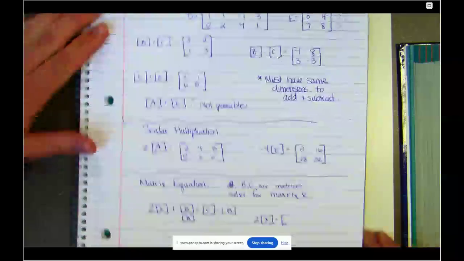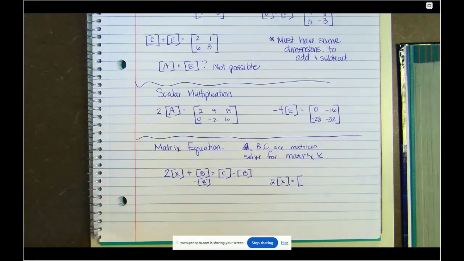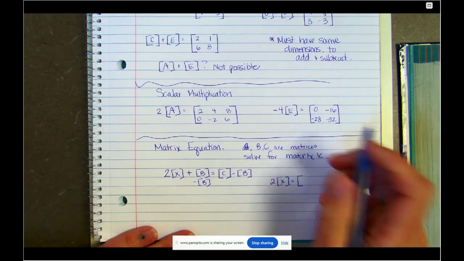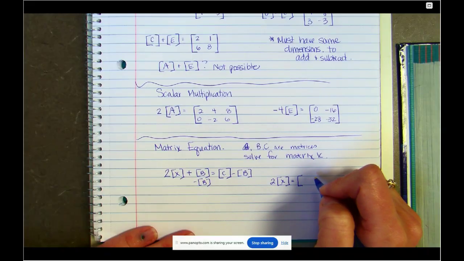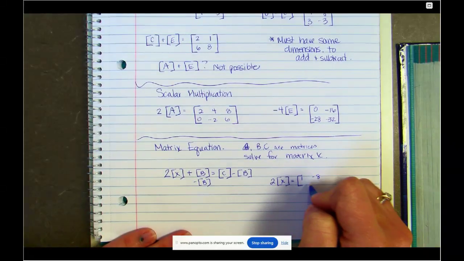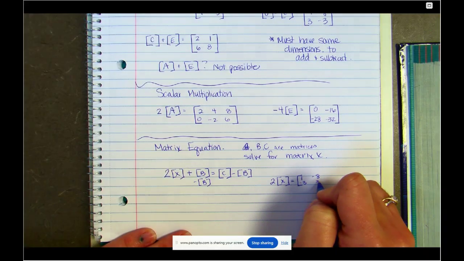I cannot get C and B on the same screen, sorry. So C minus B. Okay, C minus B is what? Yep, correct.